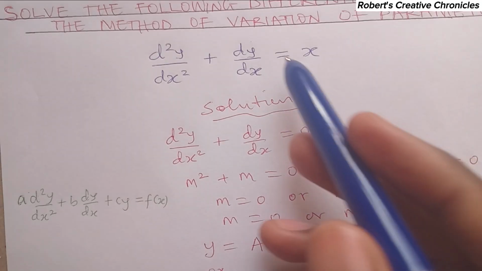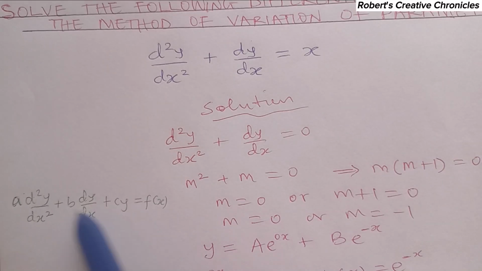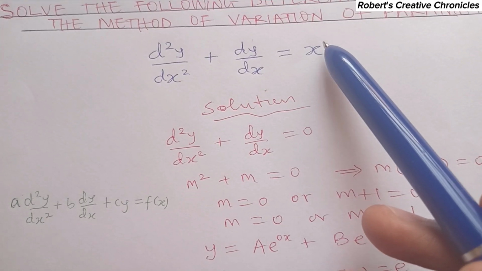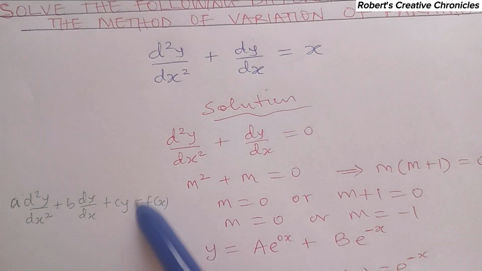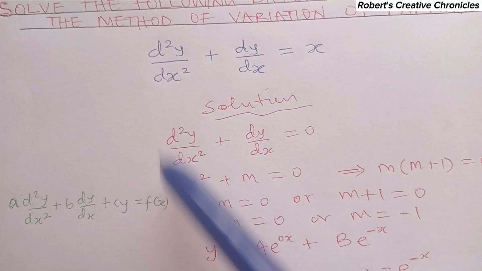This is the general form of this equation. So now, if you relate these two equations, you know that f(x) is equal to x, because this is the only term on the right hand side. So they are both equal, and this term can be equated to this.